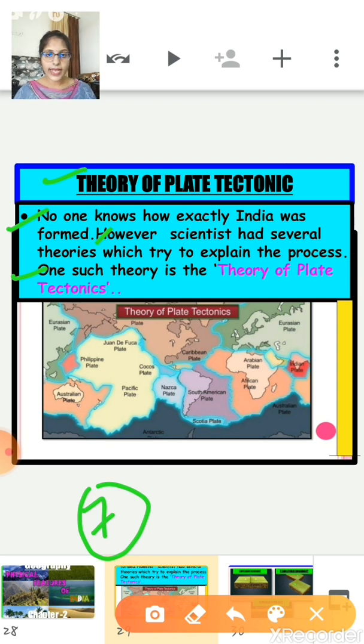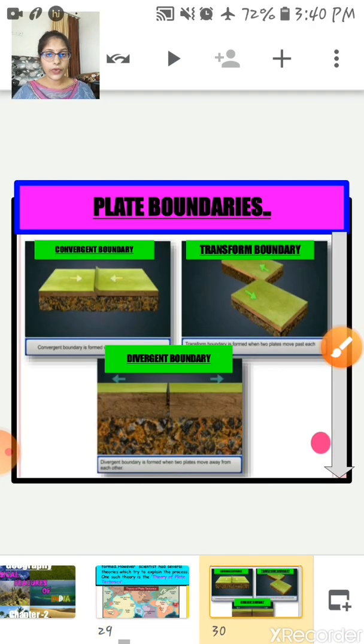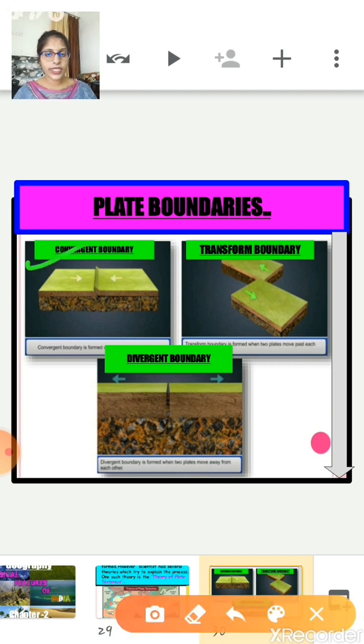If we summarize the theory of plate tectonics, there are 3 movements of plates. First one is the convergent, second one is the divergent, and the third one is the transform boundary.